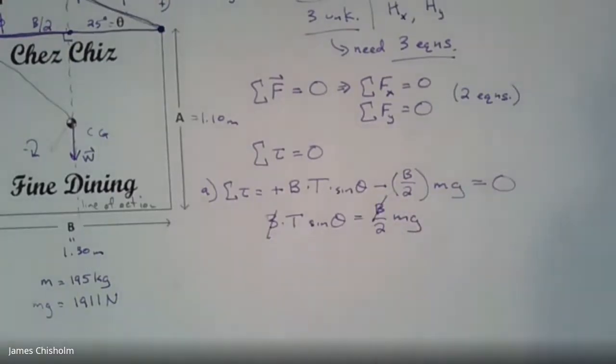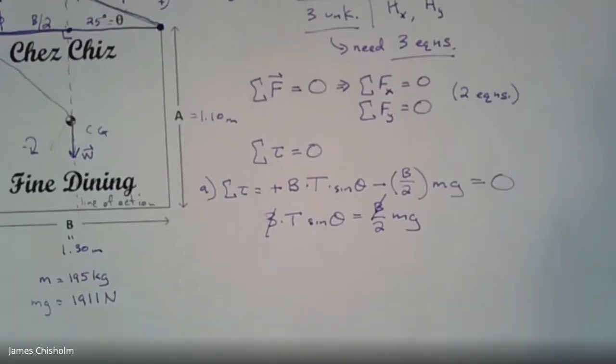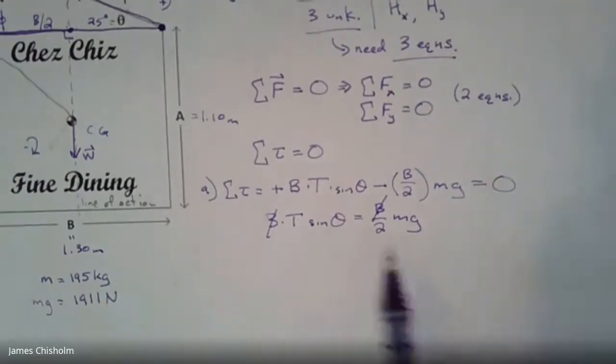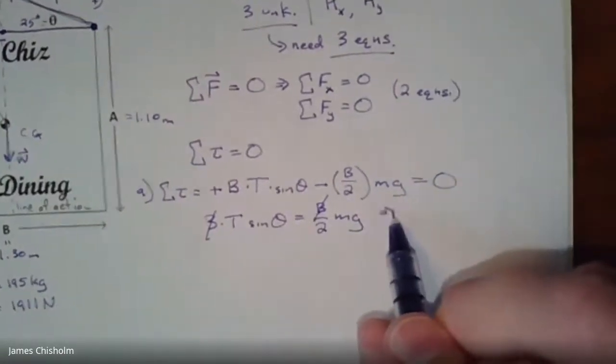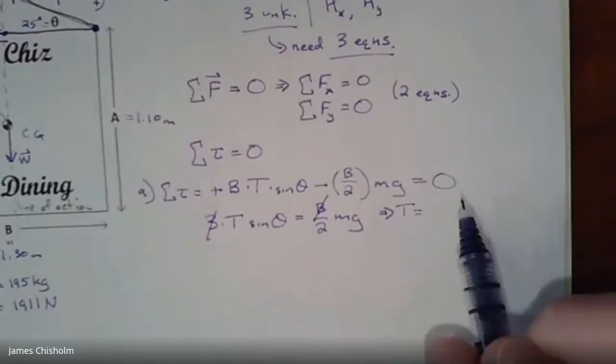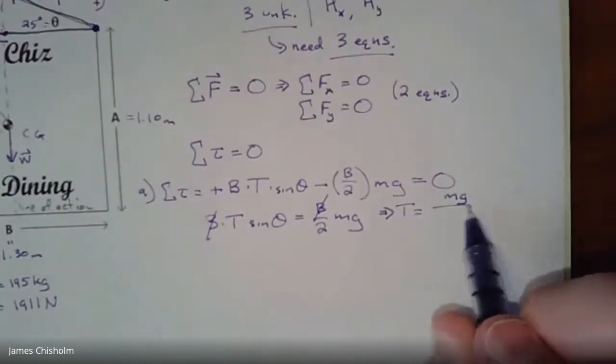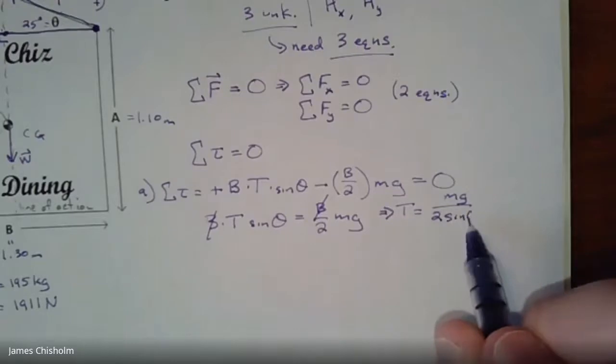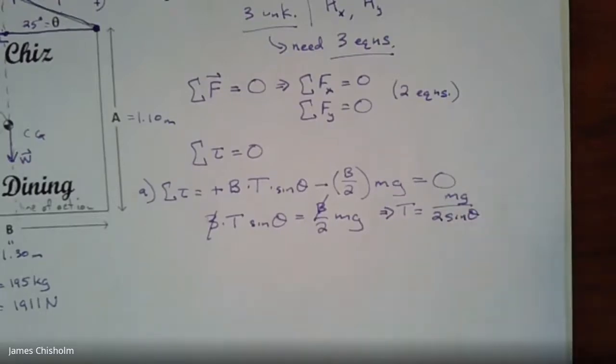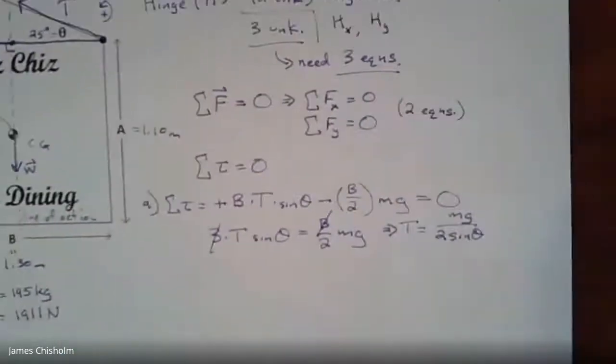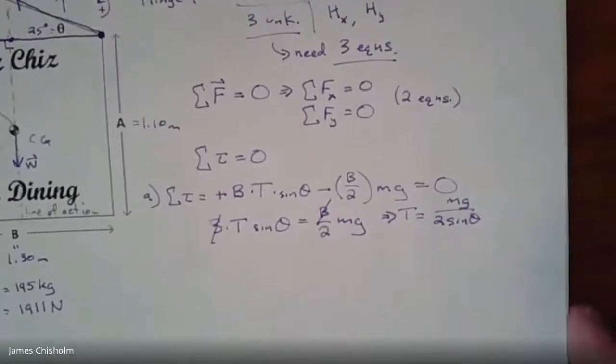So in fact, for this problem, it doesn't matter how wide the sign is. That's not going to affect the value of the tension. And then all I have to do is divide by sine theta to solve for my tension. We get tension is equal to mg divided by 2 sine theta. So it depends upon this angle theta, and it's going to depend upon the weight of the sign. Again, the greater the weight, the greater the tension, which makes sense.